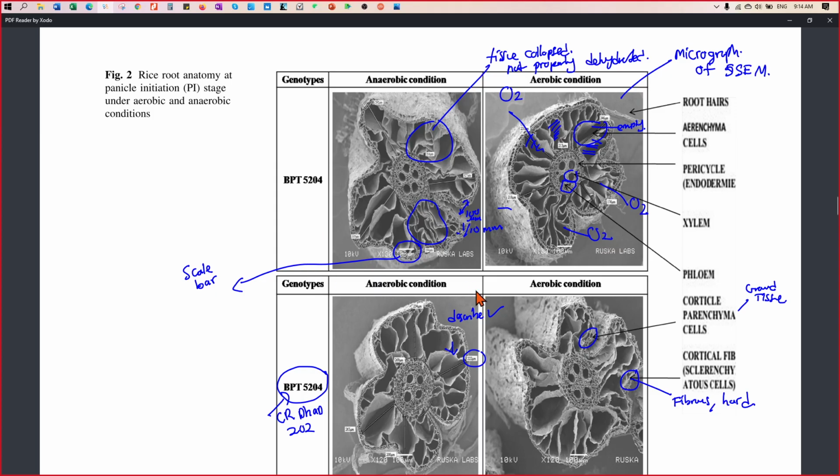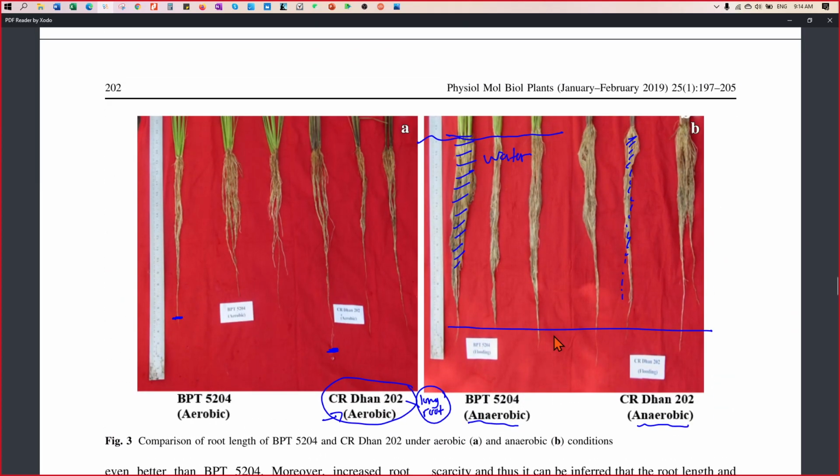Since this is underwater, more roots, not longer roots, means more parenchyma, which means more oxygen. So that's why anaerobic rice has a massive rooting system.